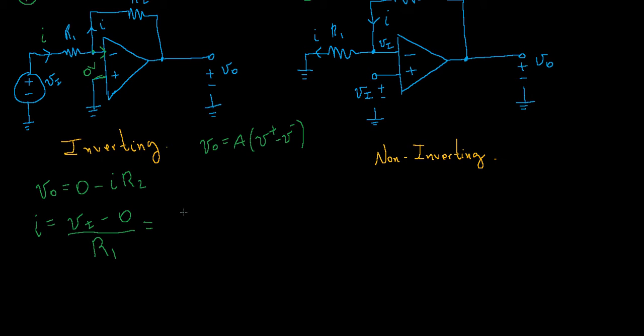So this is equal to Vi over R1. So this is what I is. So finally we know that V0 is equal to minus R2 times I, and this is Vi over R1. So V0 is equal to minus Vi R2 divided by R1.